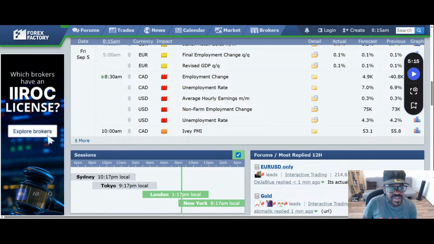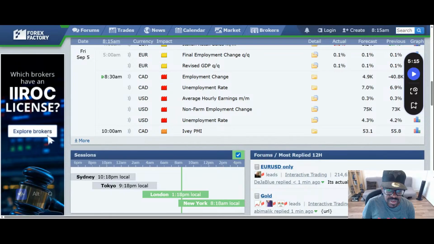We basically have US and CAD news today. We have employment change, employment rate, and unemployment rate for CAD. We have average hourly earnings month to month for the US, non-farm employment change for the US, and unemployment rate for the US.